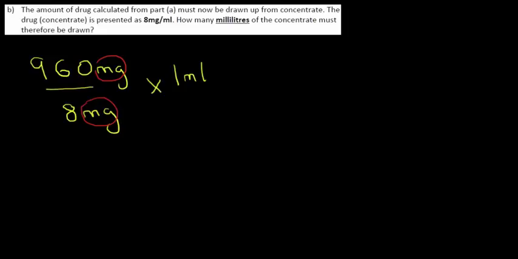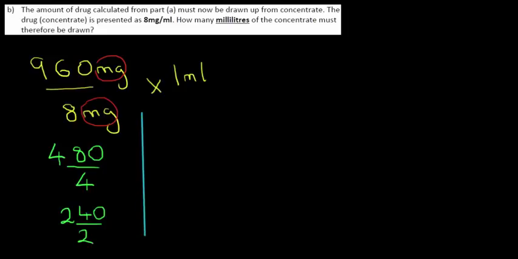Doing this by hand, I notice that the top and bottom are both even, so I can halve it. Half of 960 is 480, and half of 8 is 4. I can halve again because that will give 240 over 2.